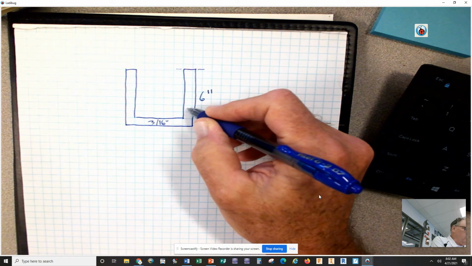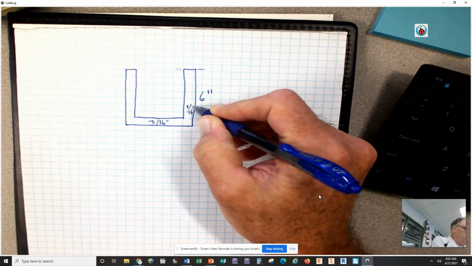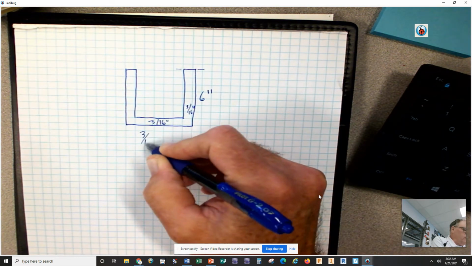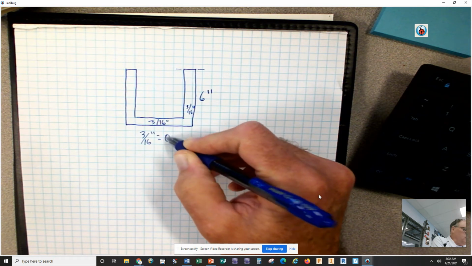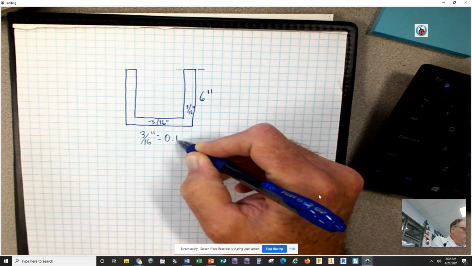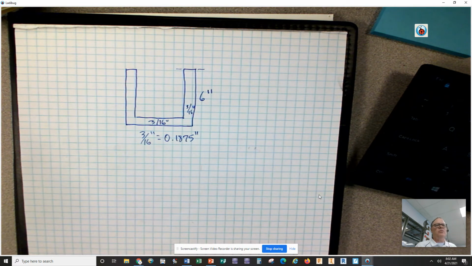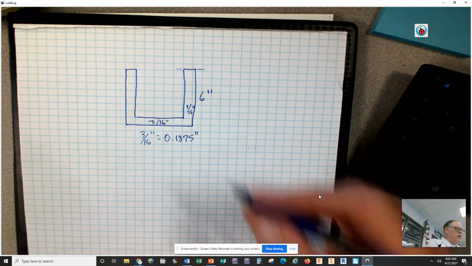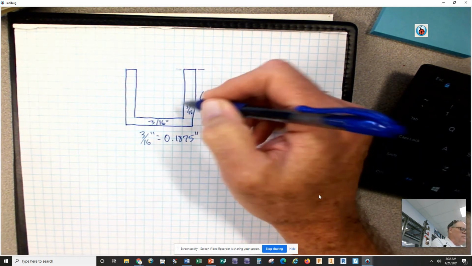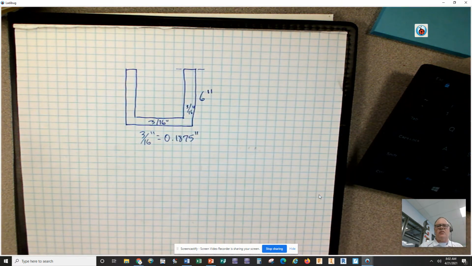So that means the sidewall is also 3/16 thick. And if you turn 3/16 into a decimal, it's 0.1875 inches. It's a little bit easier to turn it into decimals. If I want to know the height, think of this as a cylinder inside a cylinder. You've got an outside cylinder and an inside cylinder, and we're going to find the volume of both and subtract, and what's left over will be the glass itself.